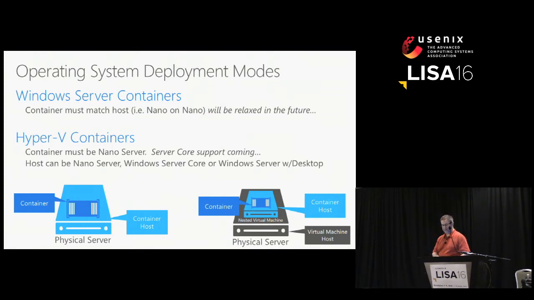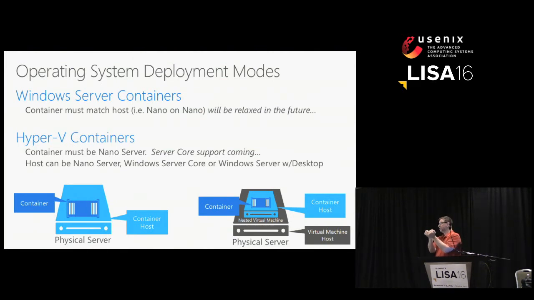Hyper-V containers provide a much greater degree of isolation and security. So for instance, imagine you had a container from the KGB and a container from Hillary Clinton's campaign. You would not put those in a Linux container on the same machine. That would be a bad idea. Same thing with Windows Server containers, right? Not enough isolation.